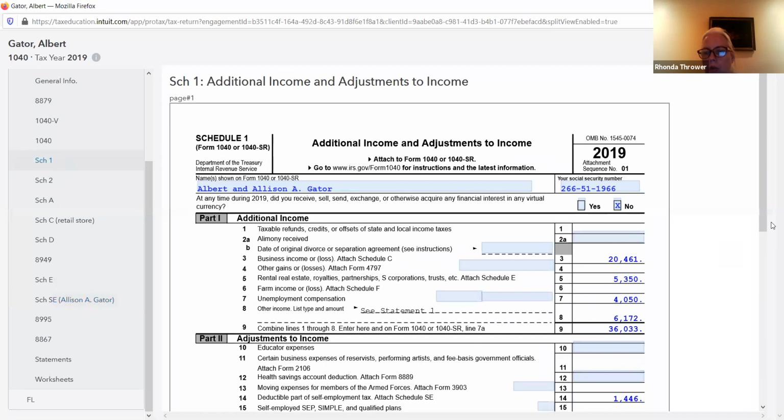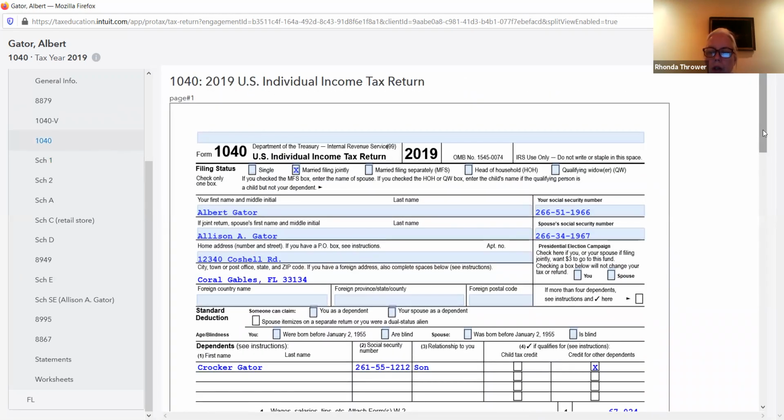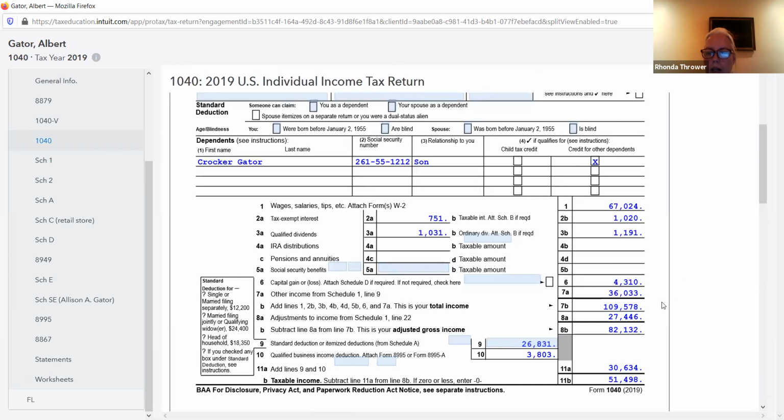So on Schedule 1, this is where we're getting that 50% of the net amount of self-employment tax that was owed. The rest of these are the same as for previous chapters, so this changed right here. And this, of course, would end up on the 1040 form, line 8A. So if we go back to 1040 and we look at line 8A, that's where they're getting this from.